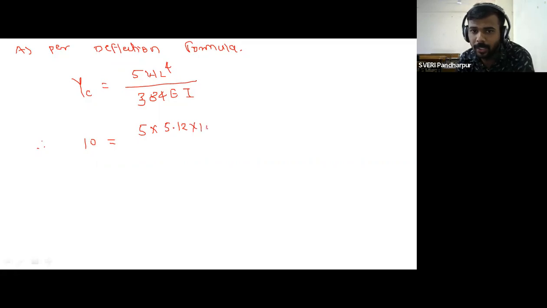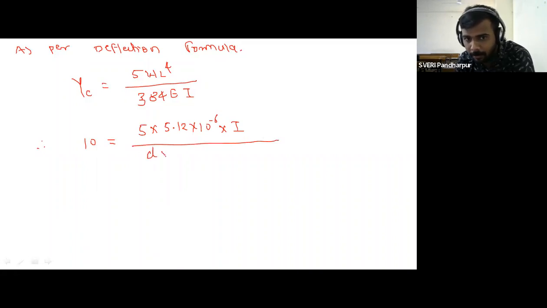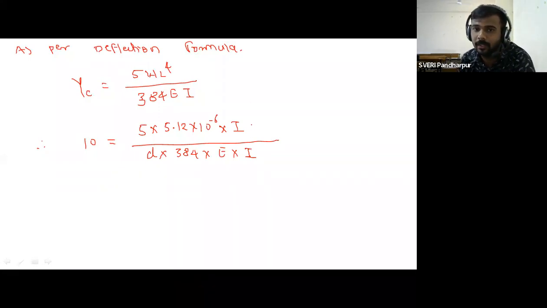5.12 into 10 raised to minus 6 into I divided by D, with D placed below, multiplied by the remaining values: 384 into E into I, where L raised to 4 is 5000 raised to 4.